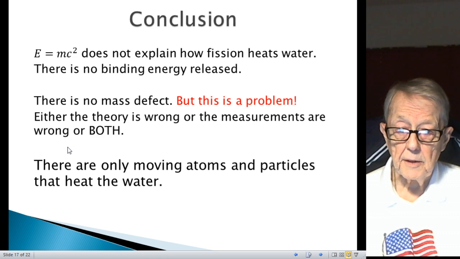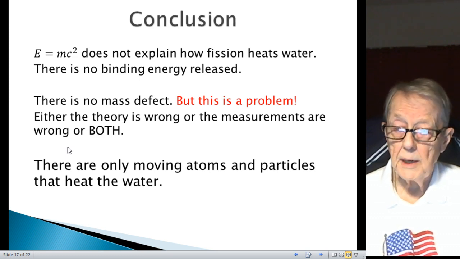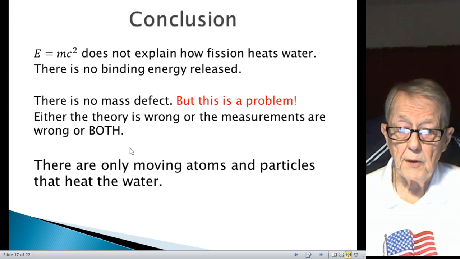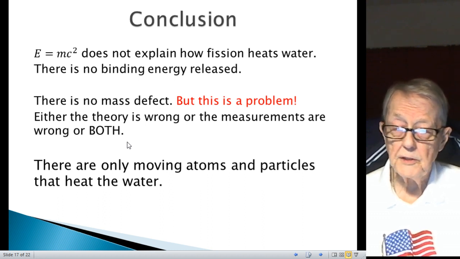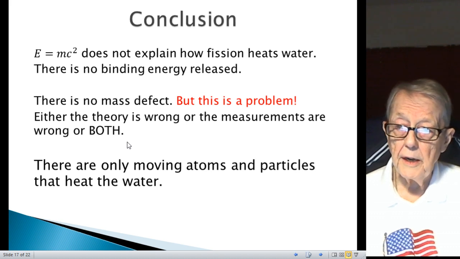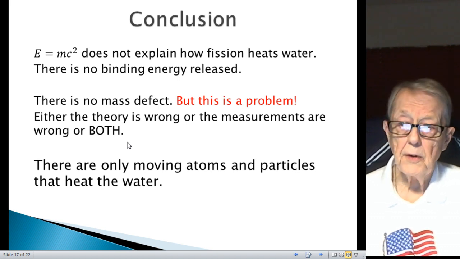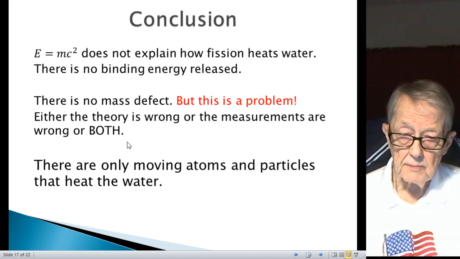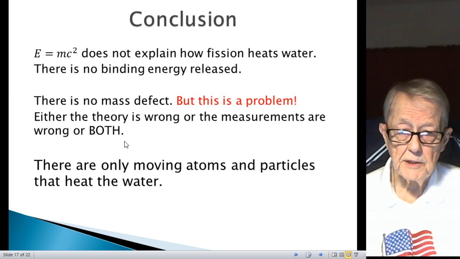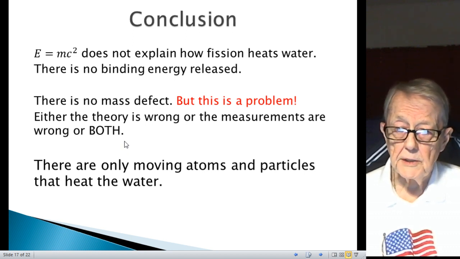I would claim that there is no, and this is the problem. As far as I'm concerned, either the theory is wrong or the measurements are wrong or both to have this mass defect, either in the carbon-12, the difference there, or in a nuclear fission. Even though they're in the opposite direction, you have this difference, and it's always the same way.